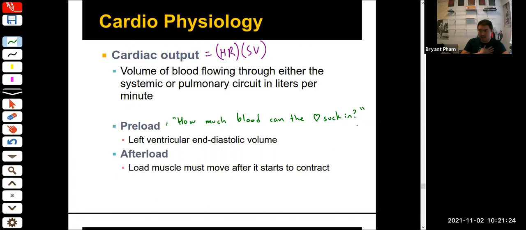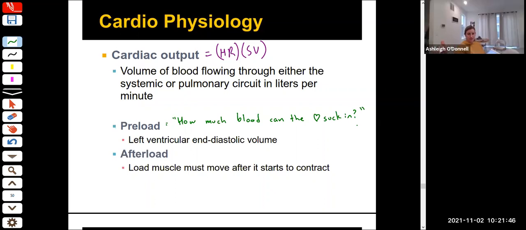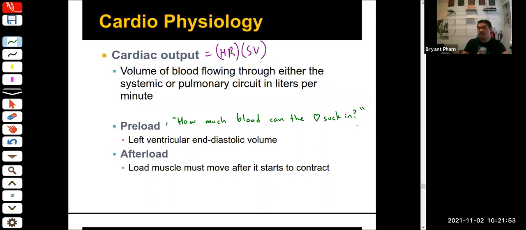Is that a good thing or a bad thing? I'm feeling like it's bad because I feel like if you overfill the heart, then it's going to lose elasticity. Nice. It can be if you overfill, but that's why we have our pericardium to prevent that overfilling, right?